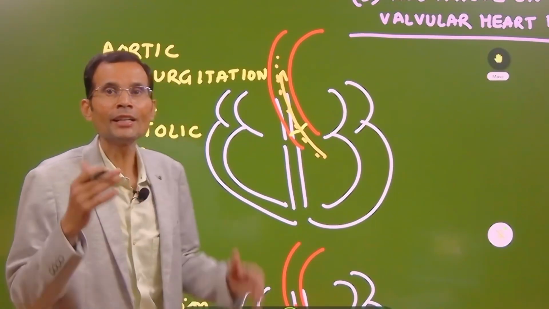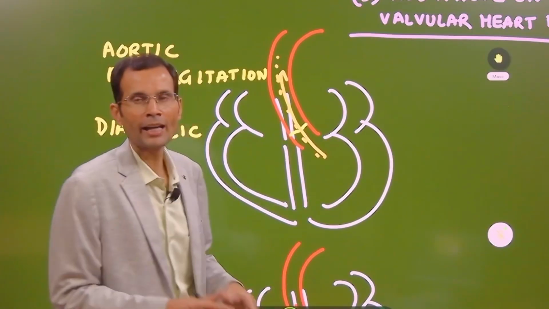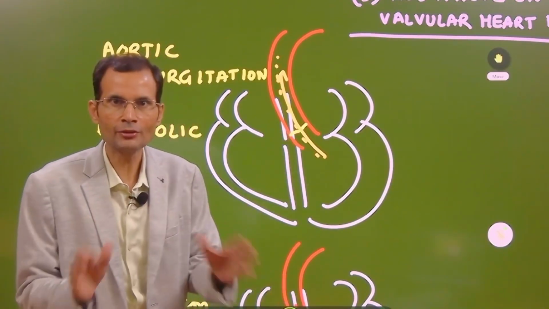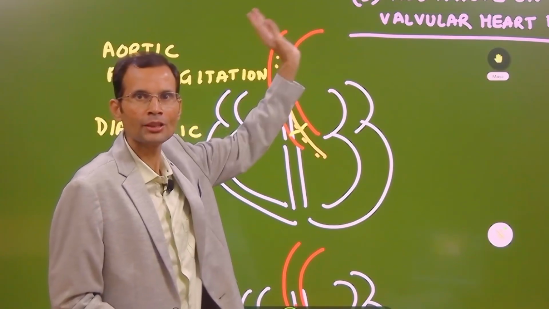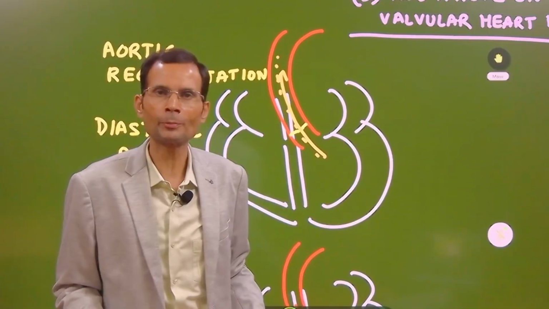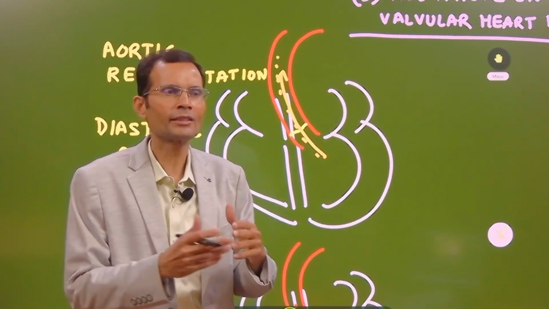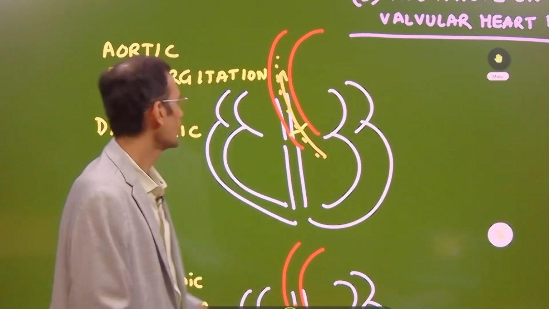But during diastole, what normally happens is at the start of ventricular diastole, the aortic valve closes normally, and therefore the blood that was ejected into the arterial system stays there and creates the diastolic blood pressure. So it could drop from 120, 130 to, let's say, 70 or 80 mm of Hg. That's the diastolic blood pressure.